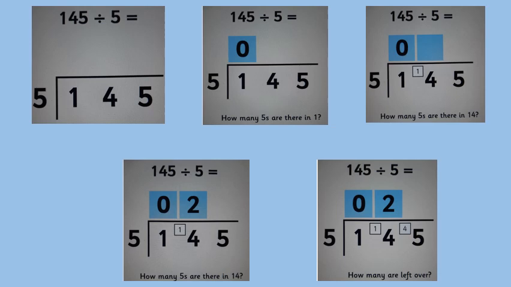Step 1, I need to find out how many 5s there are in 1. I've got a 0 at the top because we know there are no groups of 5 in 1. Now I need to move the 1 over, so if you look at step 3 on the top, I've moved the 1 over, so we're going to try to find how many 5s there are in 14.